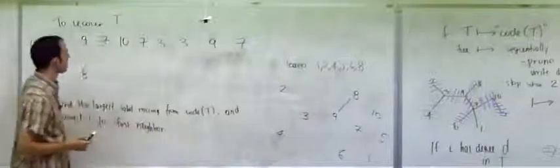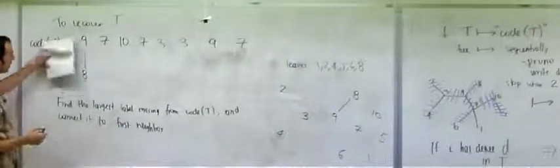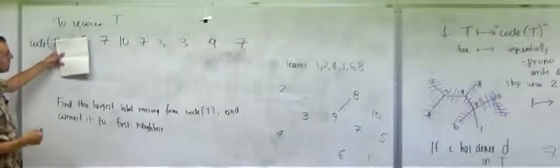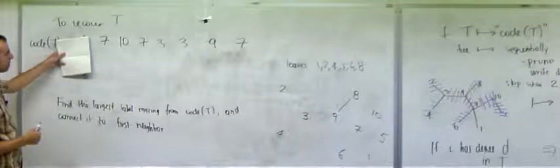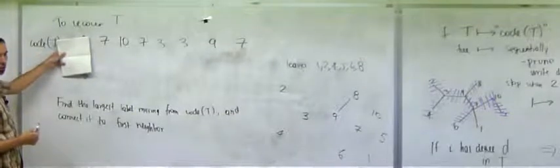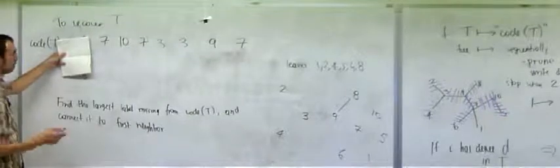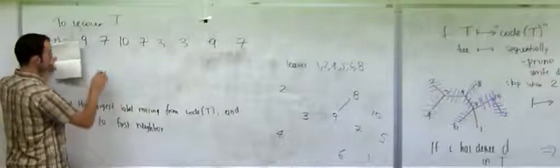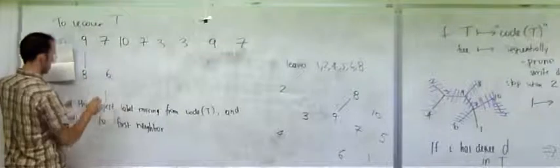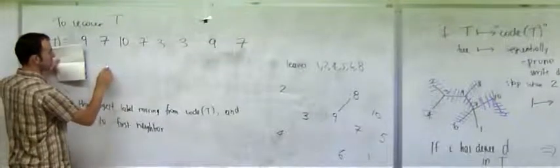Okay. Then I look and I say, what is the next leaf that I pruned? It must have been 6, right? And it must have been pruned from 7.